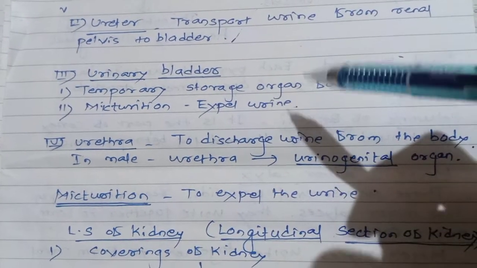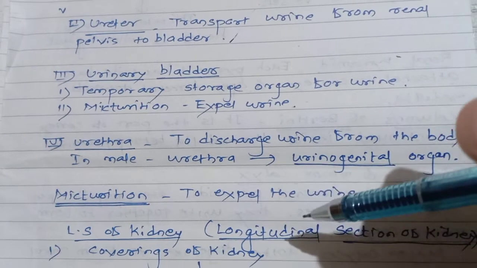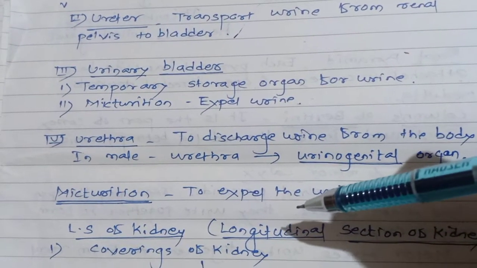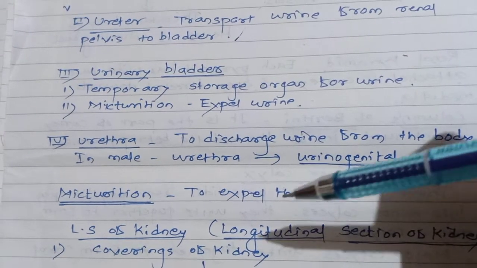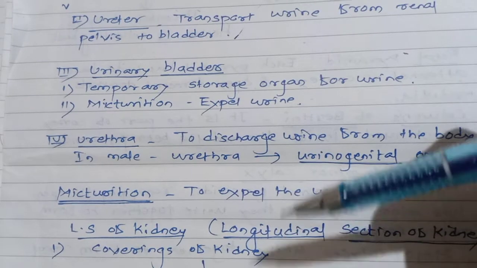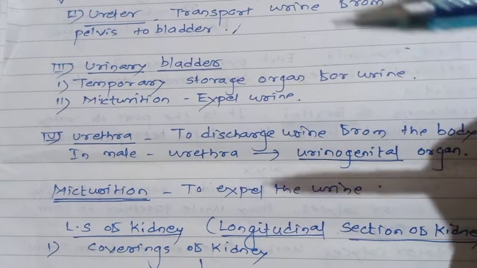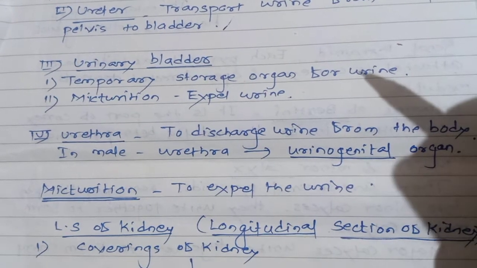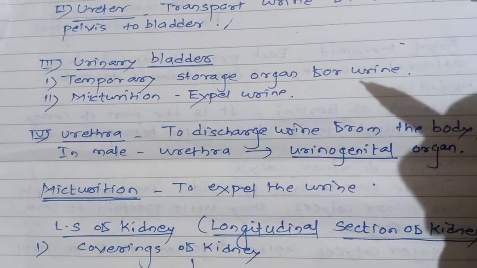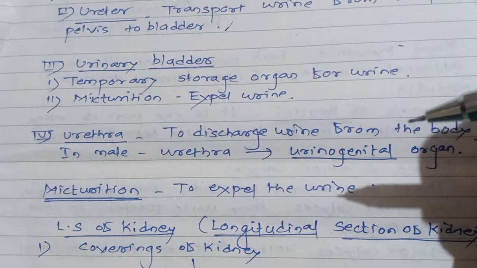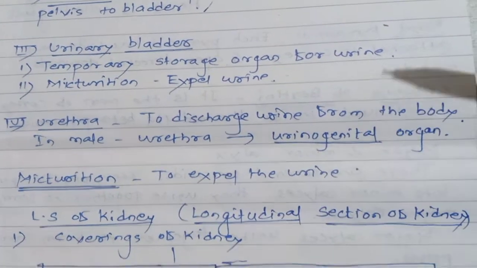And then the external sphincter receives impulses from the conscious center of the brain and relaxes. This leads to the expulsion, or elimination, of the urine from the urethra.